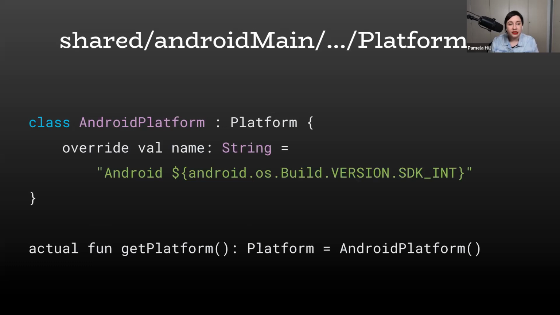It also has a very similar, very familiar looking getPlatform function that returns an instance of Android platform. But it also has an actual keyword that's just in front of the function signature, and it actually matches the expect keyword. It's basically saying that if you were looking for the actual platform-specific implementation, well, here it is.